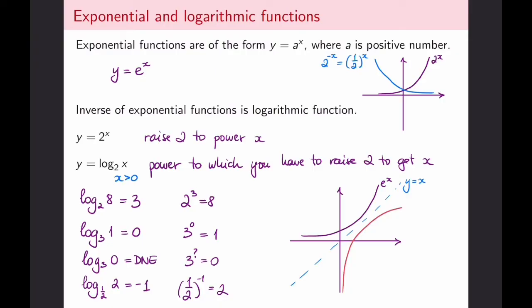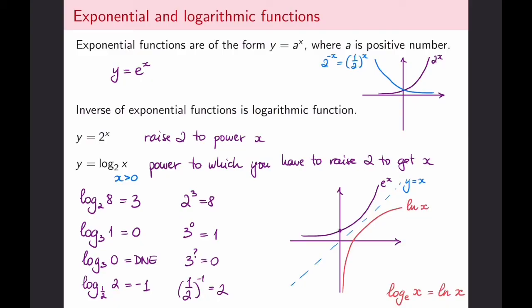Now this time I'm going to produce the inverse of the natural exponential function, and that is something that we call the natural logarithm, base e of x. And because it's something we use all the time, we have a bit of a shorthand for it, ln of x, natural logarithm of x. Notice a couple of very important points here.